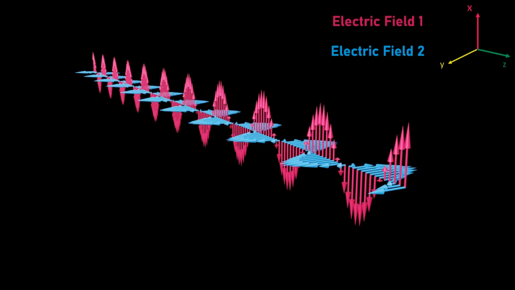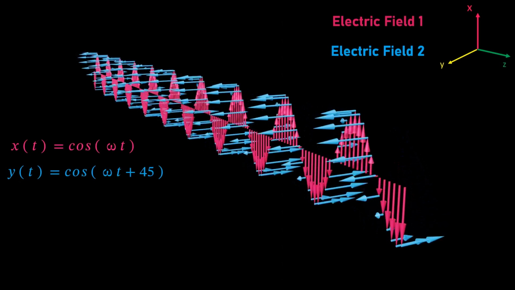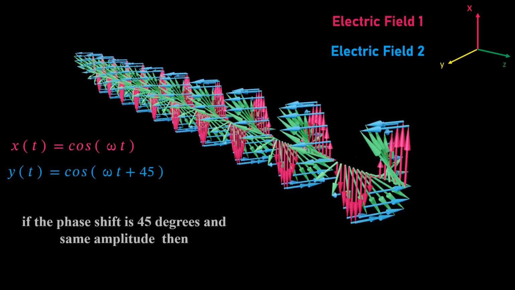There is another way to produce elliptical polarization. It is done by changing the phase shift between the two waves by a value that is not 90 degrees or its multiples. For example, let's consider two electric fields with the same amplitude and a phase shift of 45 degrees.